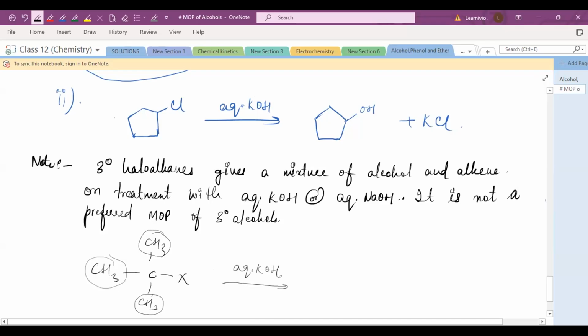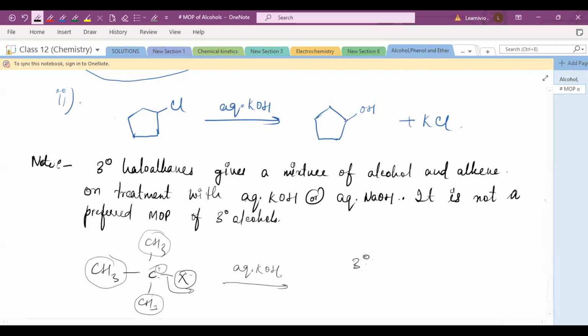Here nucleophilic substitution does not happen, instead an elimination reaction happens. X will be removed and a plus charge will come here. And we know that a tertiary carbocation is more reactive than secondary than primary.